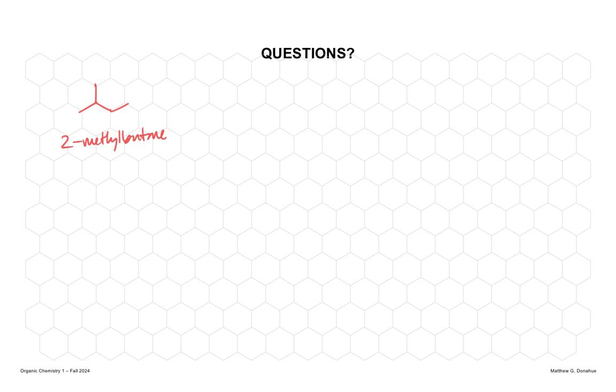So for this, we have 4 unique carbons, 4 unique sets of H. And then that would be the ratio. So you could even further classify this: those 6, 3, and 3, those are primary.